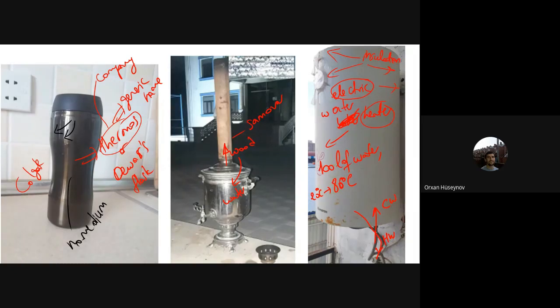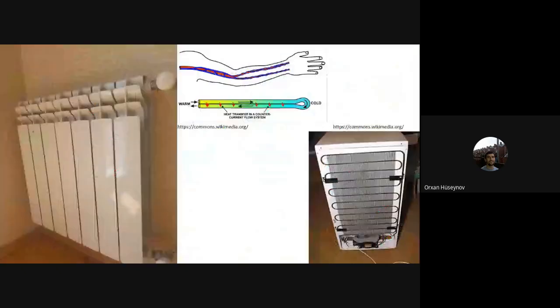This keeps the system hot for some time, for example, for 1 day, for 20 hours. That is a mixture of thermodynamics and heat transfer. You should find how many hours will be enough for the system to cool to 20 degrees Celsius. At the end, that determines the quality of your product. These are the applications of thermodynamics.